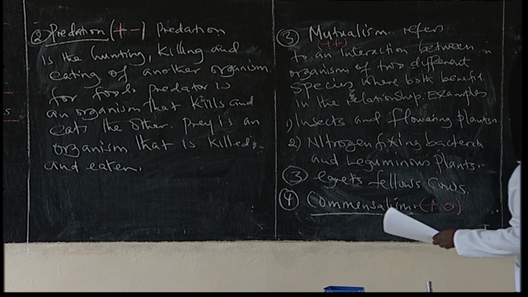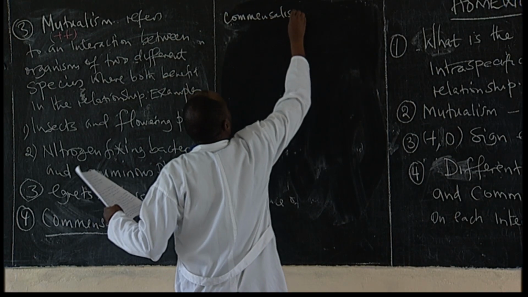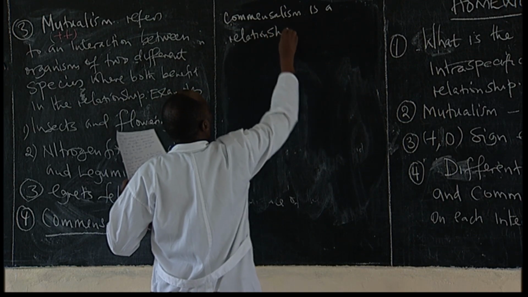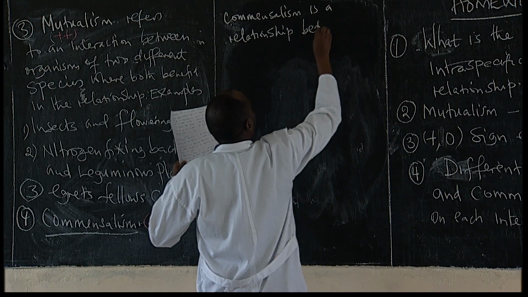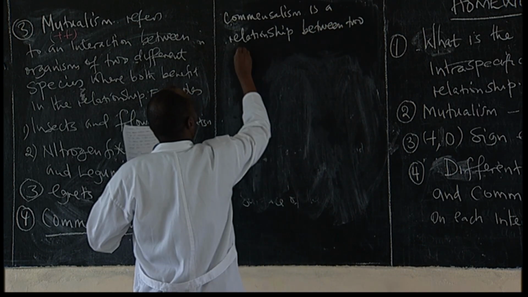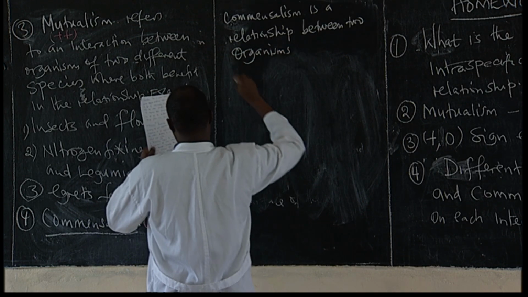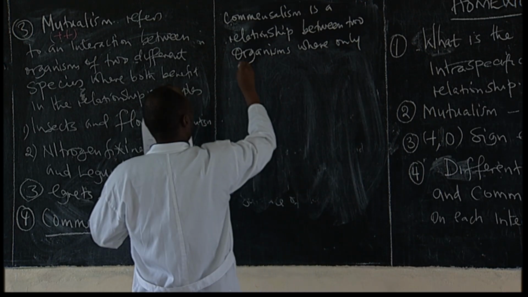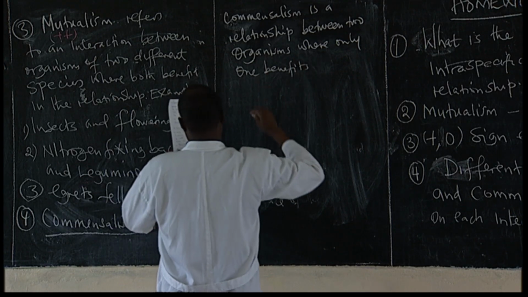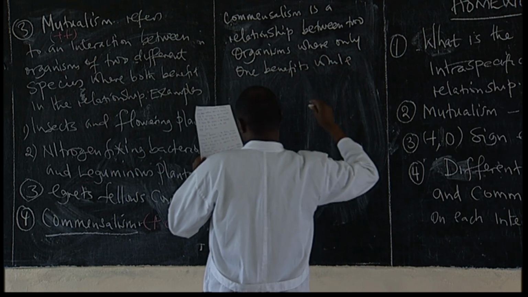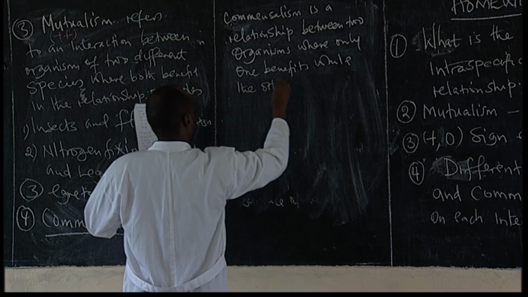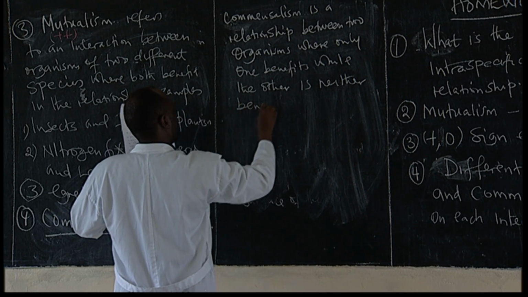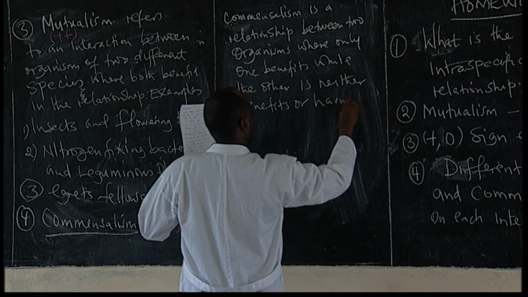Commensalism, write that one. Commensalism is a relationship between two organisms where only one benefits, while the other is neither benefited nor harmed.